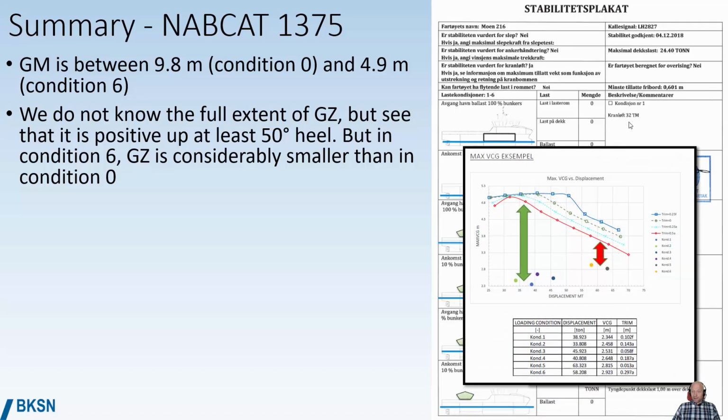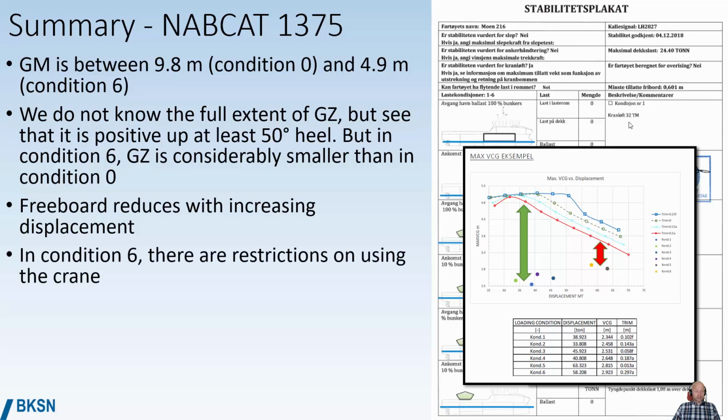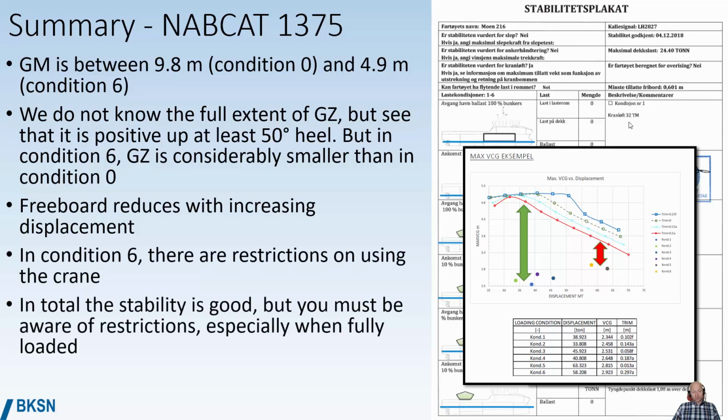The max VCG shows us really well that the margins of safety are significantly less when the vessel is fully laden. The freeboard, of course, is reduced with increasing displacement, and in conditions 5 and 6 there are restrictions on the use of the crane. Overall good stability, but you need to be aware of the restrictions that apply, particularly when you're fully laden.